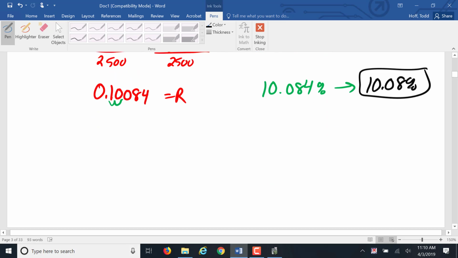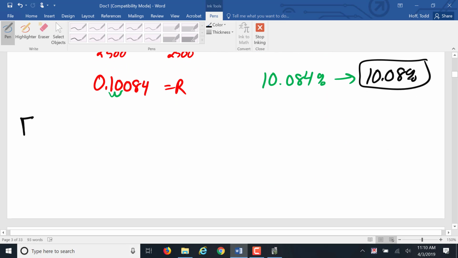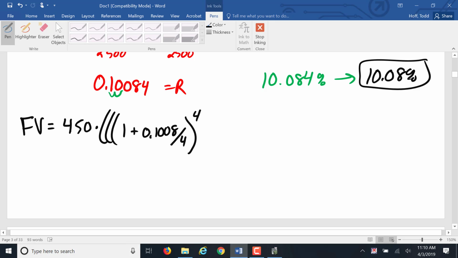So now what we're going to do is find our future value based on that $450 payment per quarter. 1 plus, instead of 10%, we're going to use 10.08% per quarter, to the power of 4 times 20, minus 1, divided by 0.1008 divided by 4, close and close.